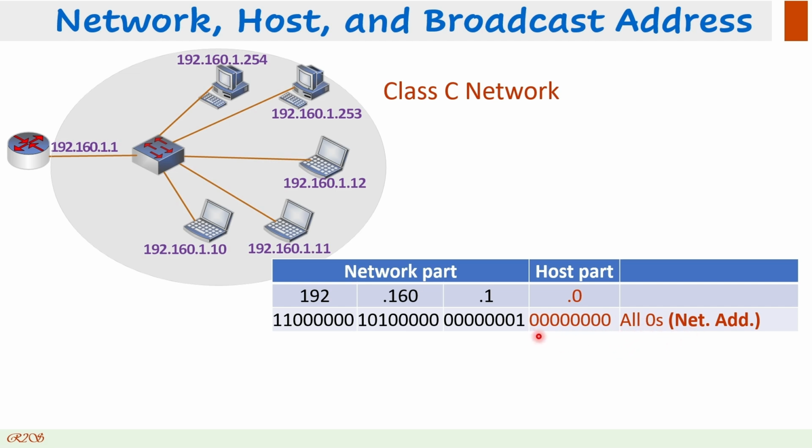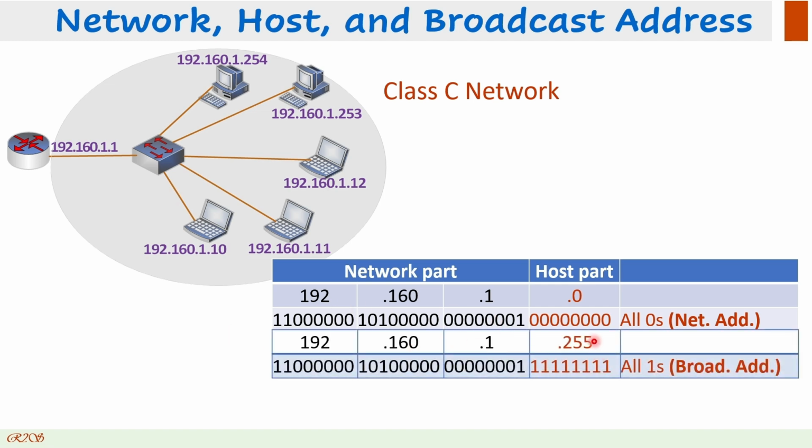If this part is all 0, then the other part is the network address, and if all of the host part is 1, that means this address, 192.168.1.255, is the broadcast address within this domain. So the network address is 192.168.1.0, and the broadcast address is the one where the host part is all 1.